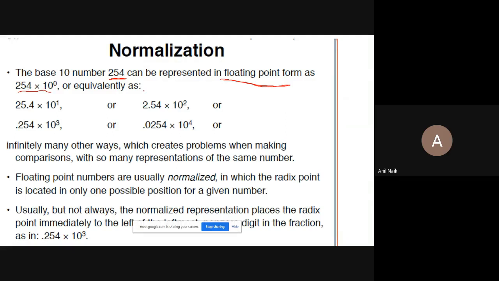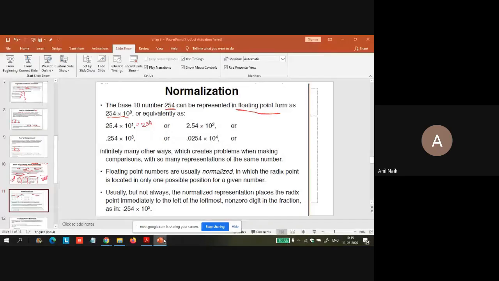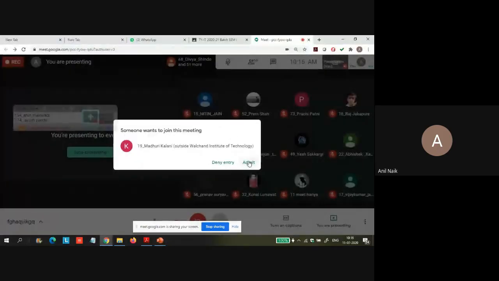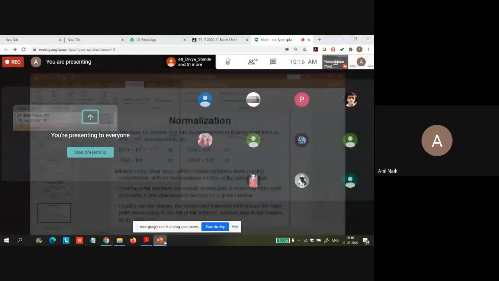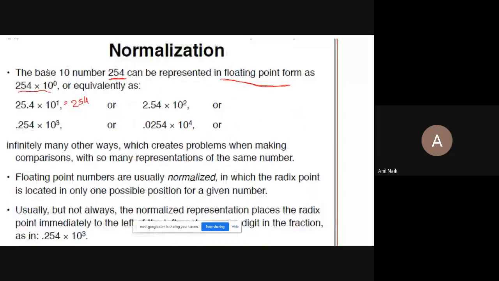There is no difference. Then 25.4 into 10 is also equivalent to 254. Here we can adjust the decimal point.